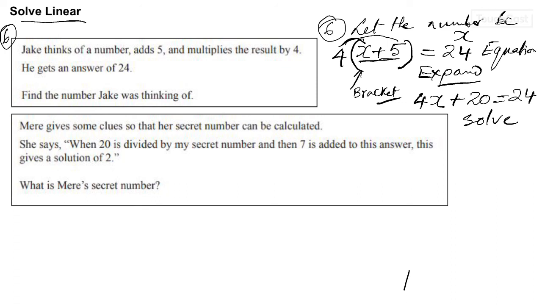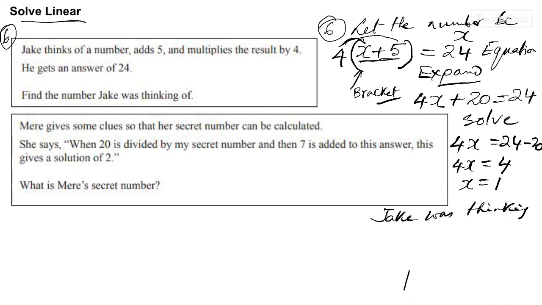Now 4x equals 24 minus 20. 4x equals 4, so x will be 1. Do not stop here, just carry on and write the statement. Jake was thinking of the number 1, and that makes it complete.